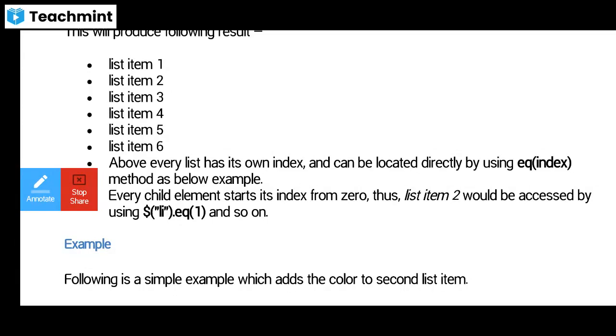Okay. Thus, list item 2 would be accessed by using a list equivalence of 1, and so on.